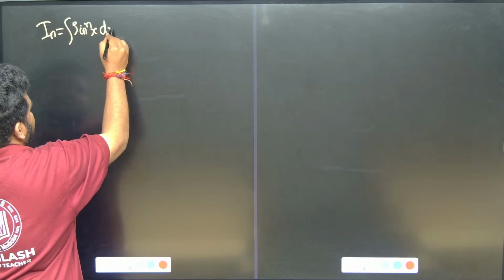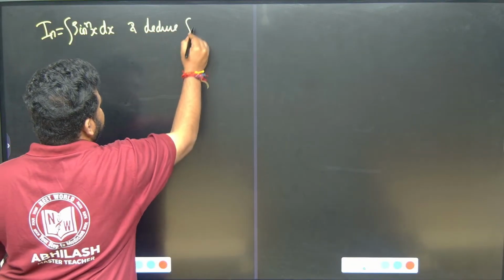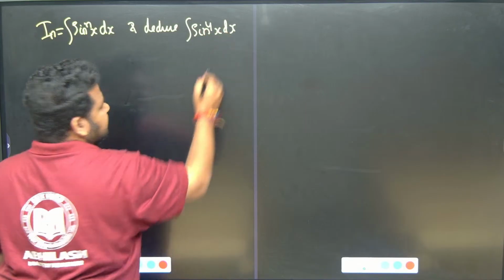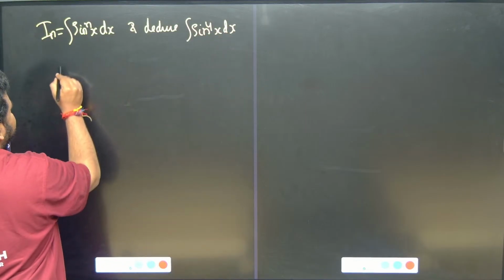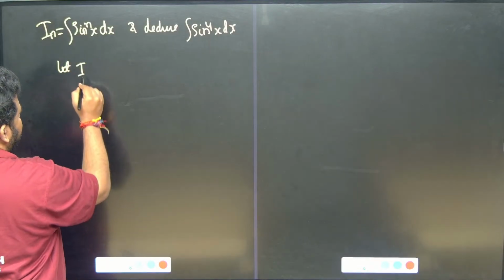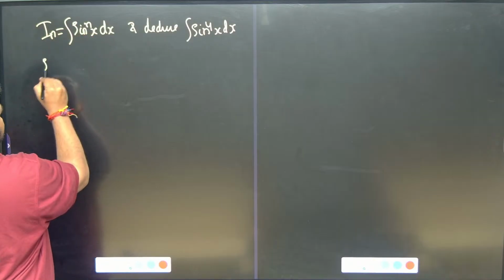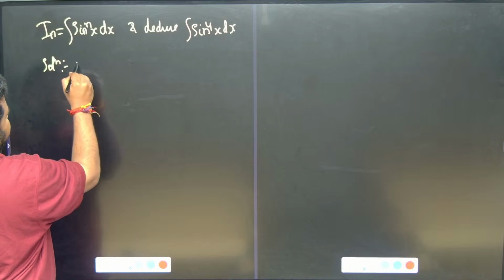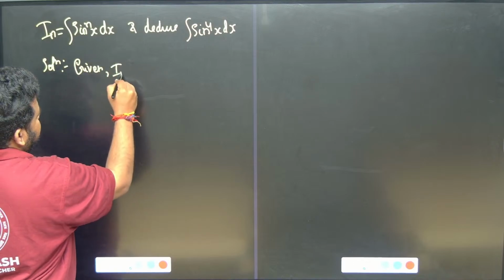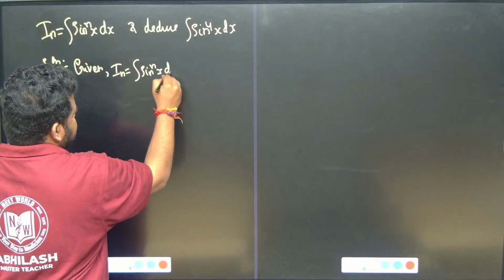And they are asking us to deduce the value for the integral of sin power 4x dx. So first let us take this one. Solution: given I of n is equal to integral of sin nx dx.